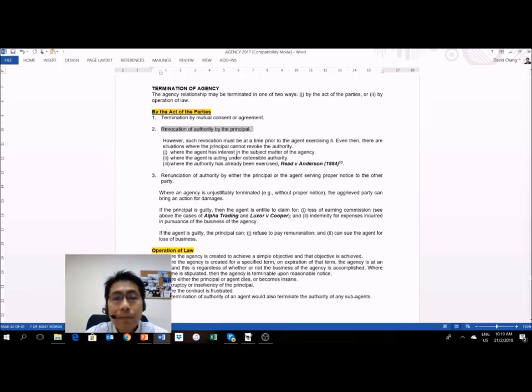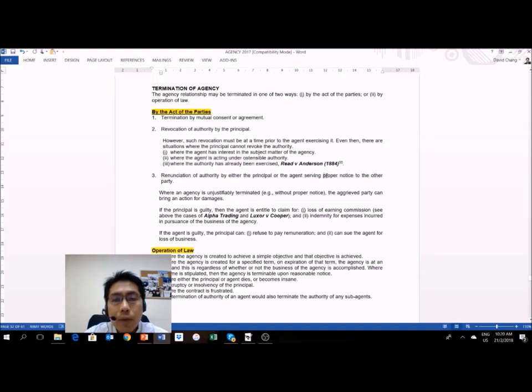Of course, there are some exceptions as to when the principal can't revoke the authority, for instance, where the authority has already been exercised. You're halfway through doing the act, for instance. So there are these kinds of exceptions that we don't see in exams, but as you can read here from your notes. Of course, the third and final way would be where you could give notice, right?